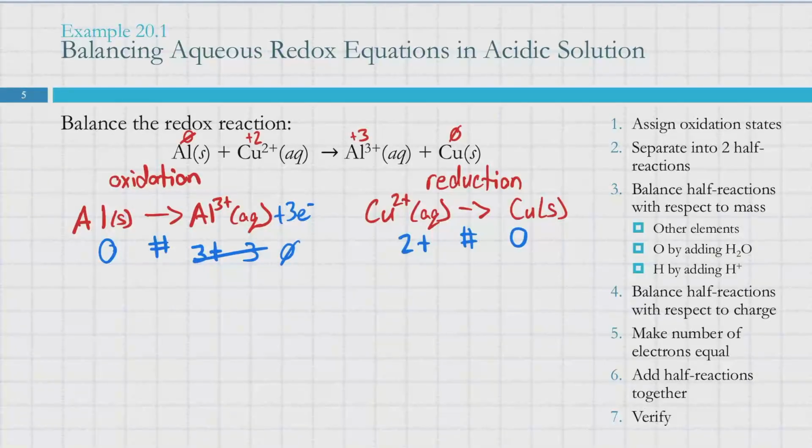It's now 0 on both sides. For our copper, or reduction half reaction, which side do we need to add the electrons to? We need to add it to the reactant side. And we have to add 2 to balance out the 2+ charge.